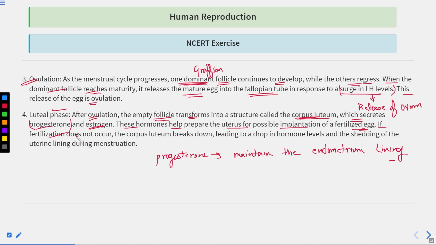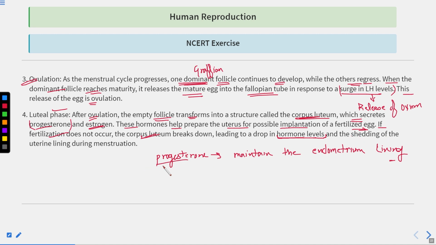Now, if fertilization does not occur, then the corpus luteum will degenerate, it will break down, and obviously the levels of the hormones estrogen and progesterone will decrease. Due to this, what will happen? The thickness of the endometrium will be less.